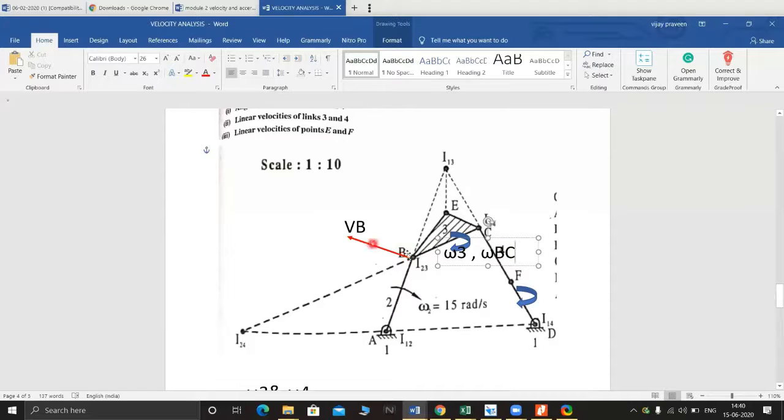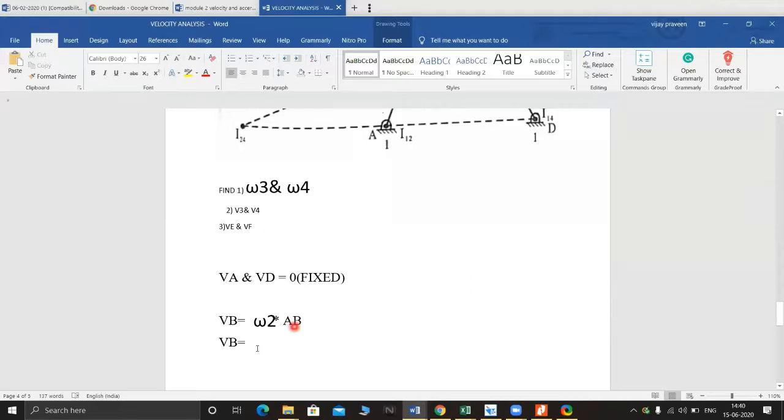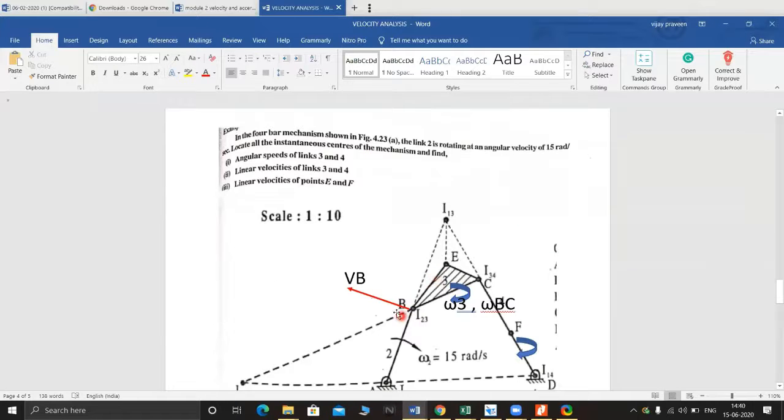Therefore, if we take B, the velocity of B with respect to link 3 means VB is equal to omega 3 into the perpendicular distance with respect to the instantaneous center. What is the instantaneous center at that point? What is the instantaneous center distance with respect to point B? You can see in the figure, no?